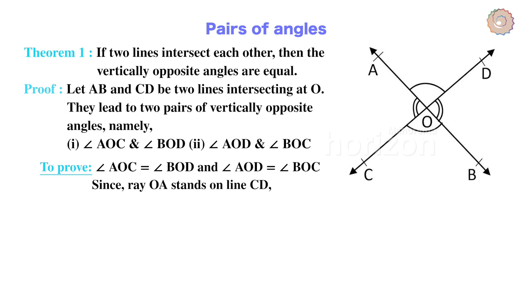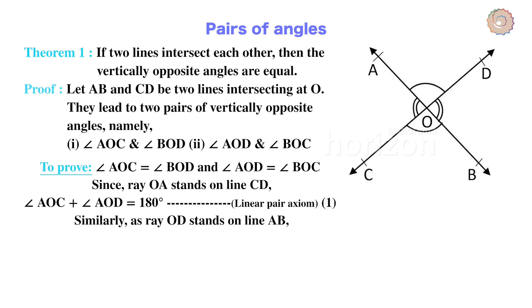Now, if we take a close look, ray OA stands on line CD. Using the linear pair axiom, we can write angle AOC plus angle AOD equals 180 degrees, which is equation 1. Similarly, as ray OD stands on line AB, we can write angle AOD plus angle BOD equals 180 degrees, which is equation 2.